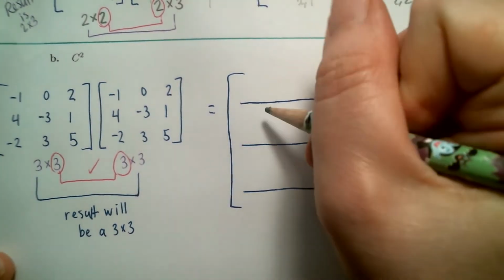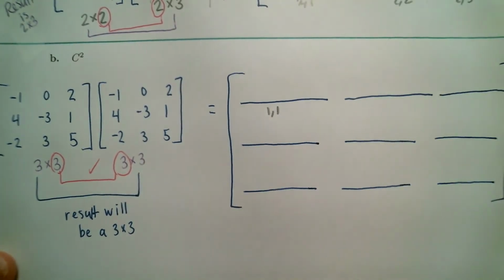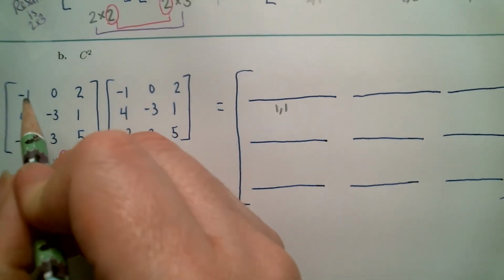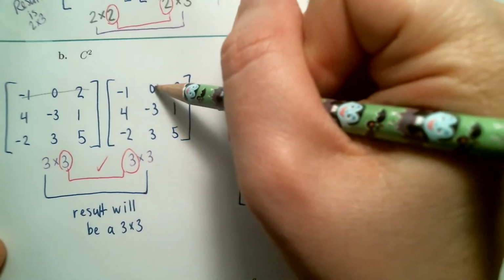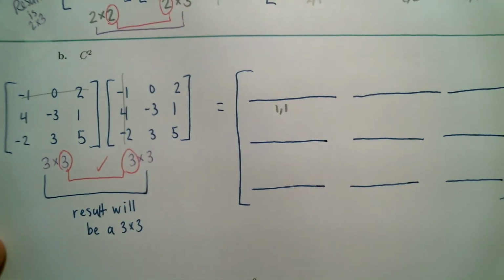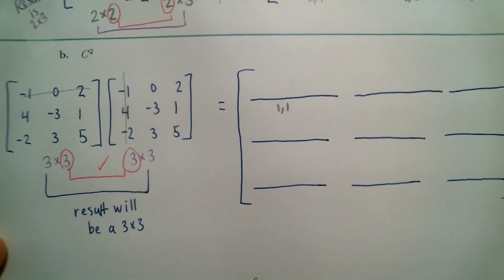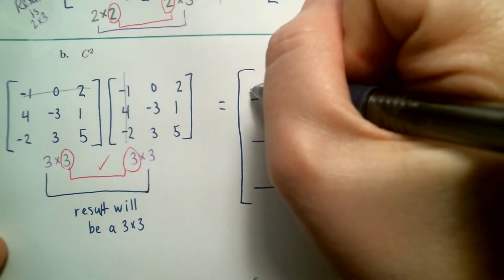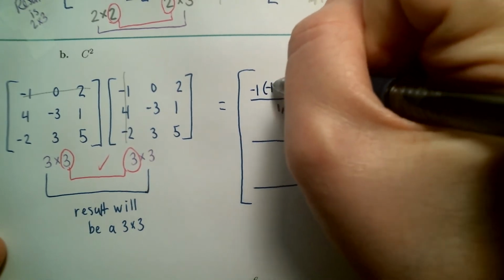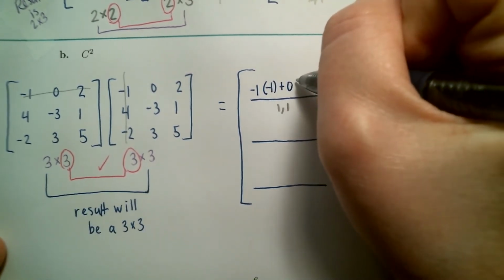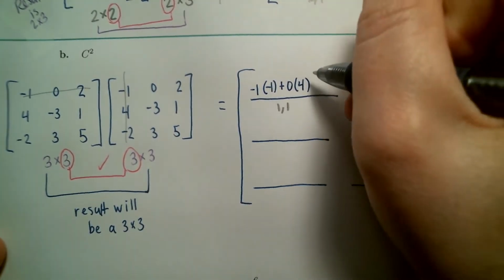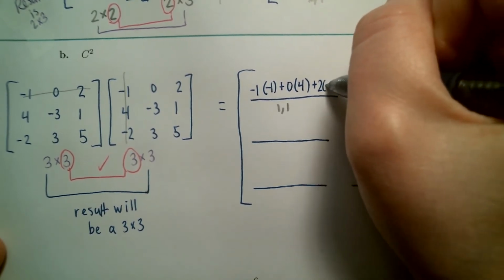Let's start here. First row, first column. I'm going to do the dot product of the first row and first column. You just multiply your corresponding elements together and then add everything up. So this is -1 times -1 plus 0 times 4 plus 2 times -2.